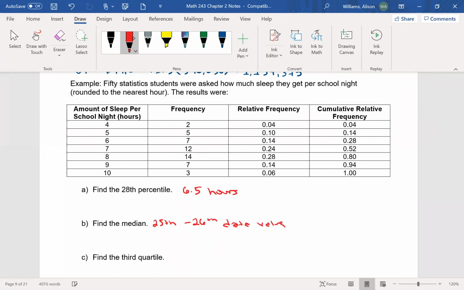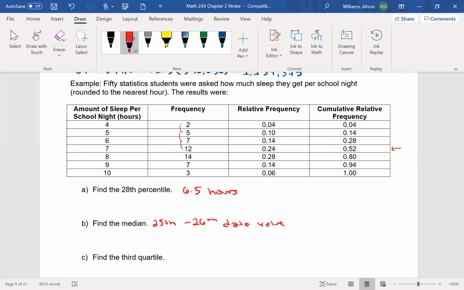Okay, and I happen to see too that this is marking 52%. So 52% of the data happens there. So I'm thinking we have to go prior to that. And if I look at the frequency and add this up, this is 7 pieces of data, 14 pieces of data, 26 pieces of data. So this is representing 26 pieces of data right here.